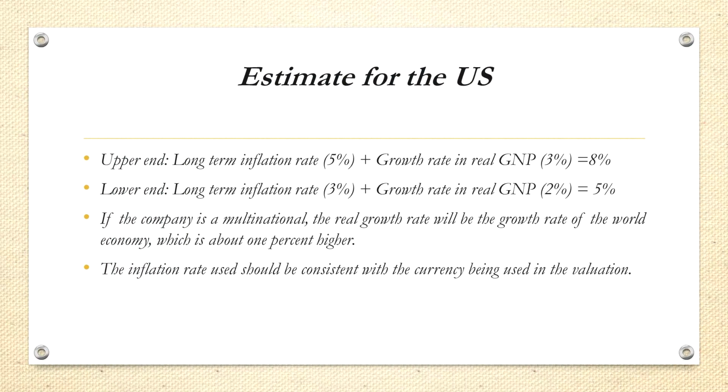That's pretty typical. And here you see, okay, this number can go as high as 8% or as low as 5%, but it all depends on your estimation of long-term inflation rate and the real growth in GDP. If the company is a multinational company, then typically we would expect a higher real growth of the world economy. It could be 1% higher.